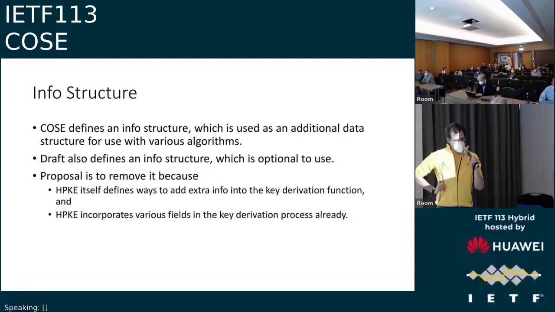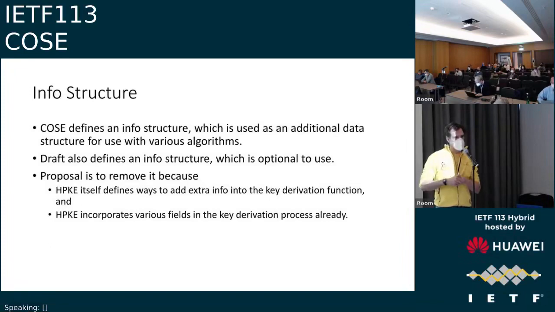In the interest of time, this is a change I'm proposing. The COSE specification, for all the different operations, constructs additional data or additional information to be included in the whole processing.